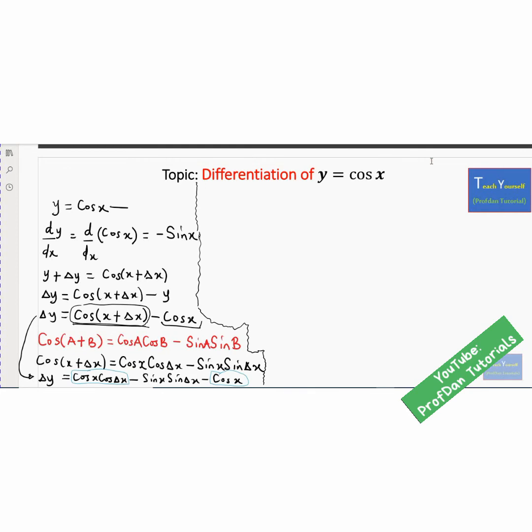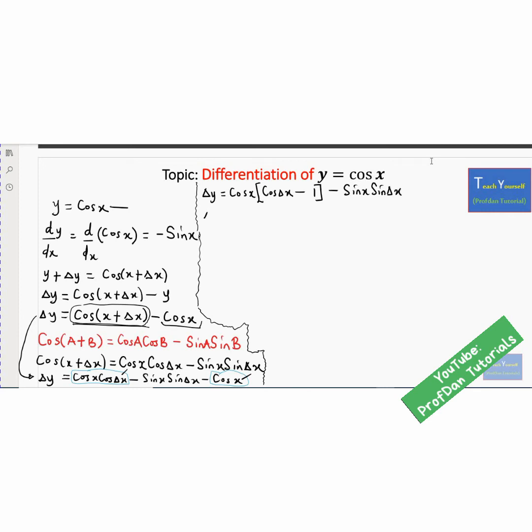We can see that the first term and the third term have a common term. So we can have change in y equals cos of x, which is common to the first and the third term, and we are left with cos delta x minus 1, and we still have the second term, which is minus sine x sine delta x.